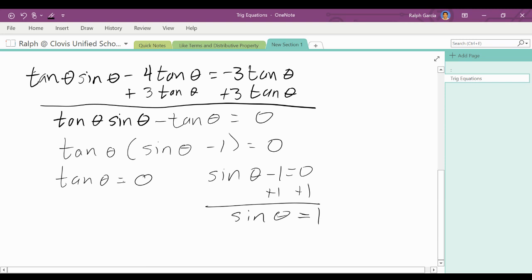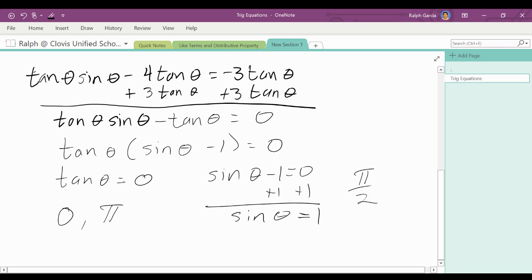Where's the tangent 0? That's where the y is 0, so that's 0 and pi. And then where is the sine 1? That's at pi over 2.